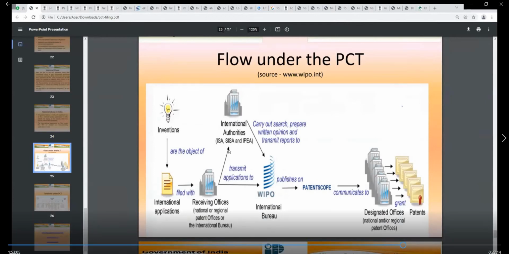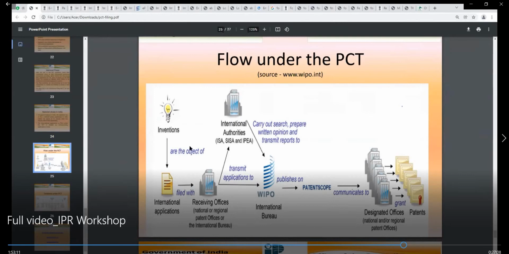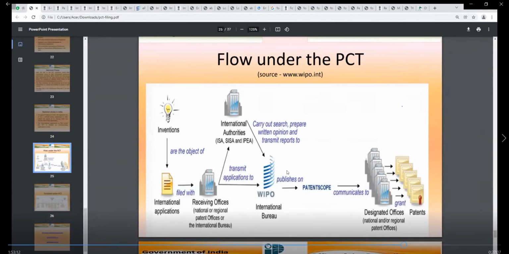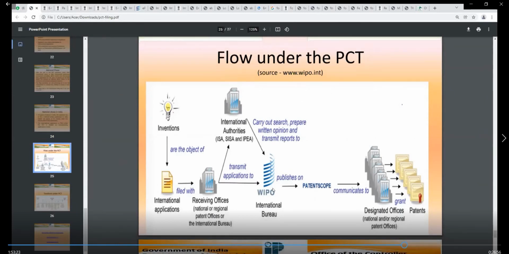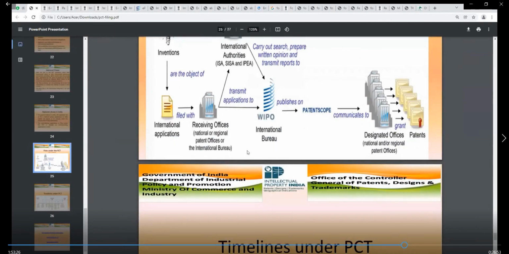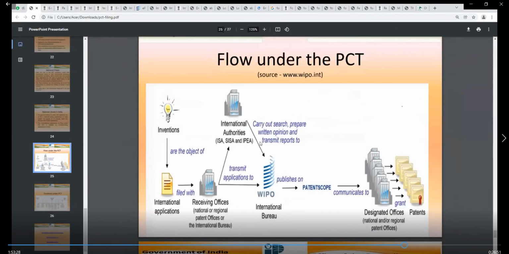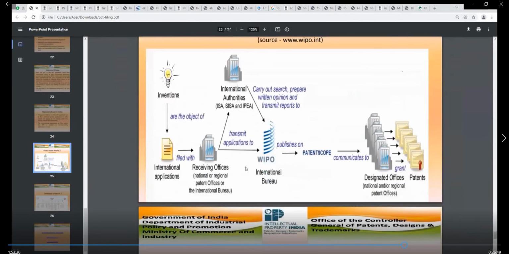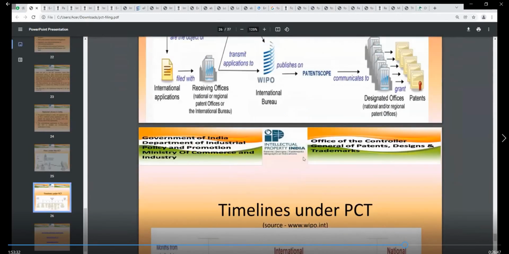They transfer the form to the International Searching Authority or International Preliminary Examination Authority, and the International Bureau. Then it is published there. After publication, it is communicated to the national and regional patent offices, and then the whole patenting process goes on. So it is a single window publication for all PCT countries, convention countries, and we don't need to apply separately.